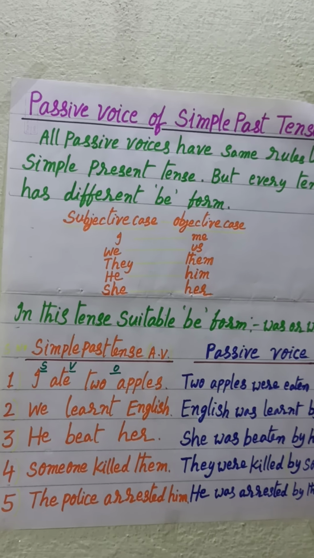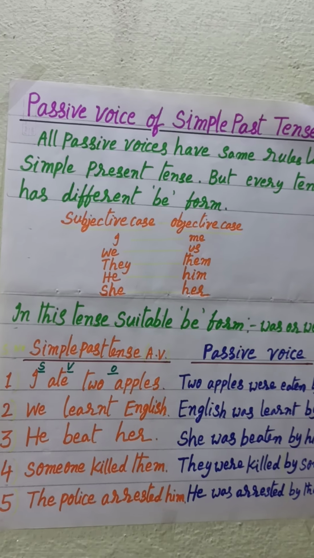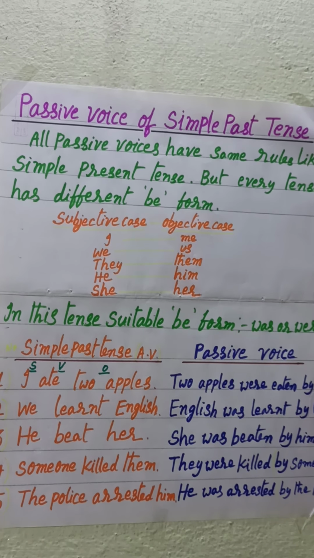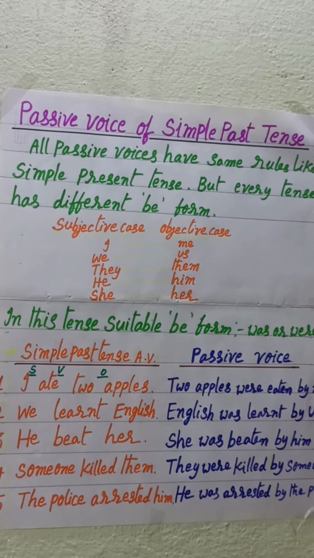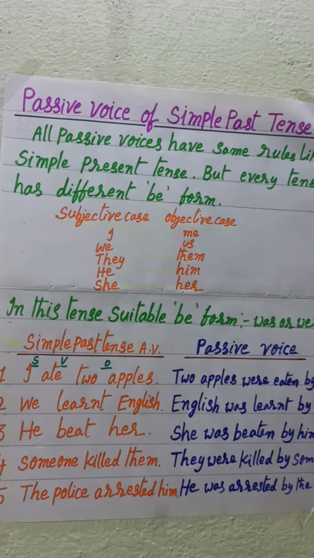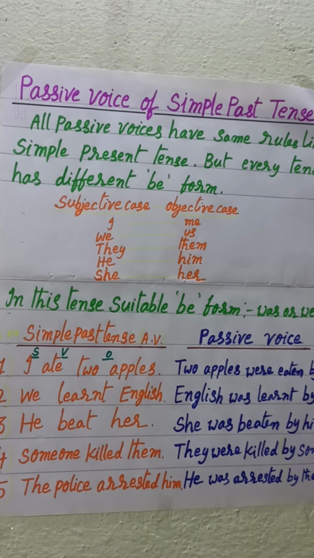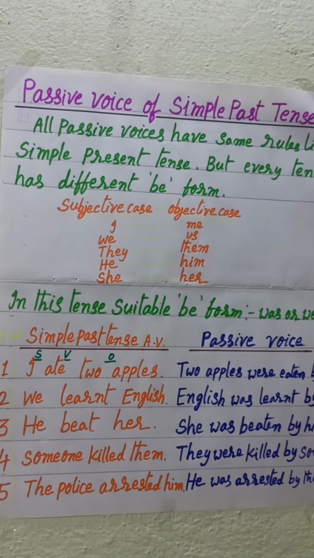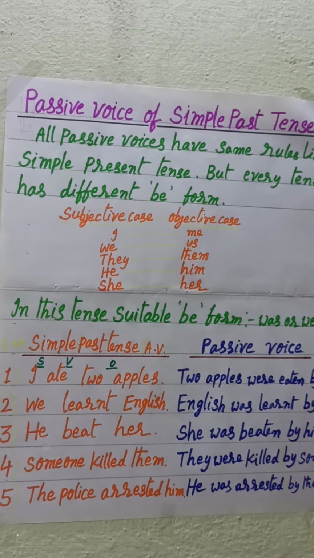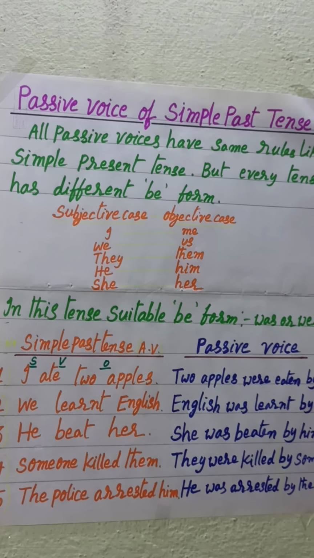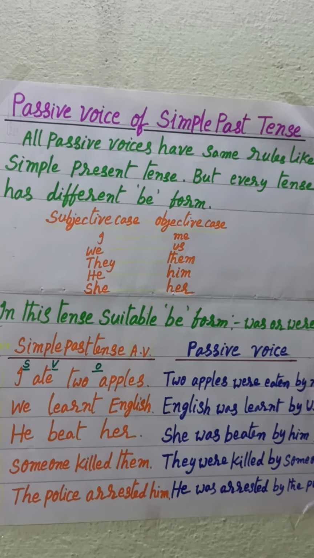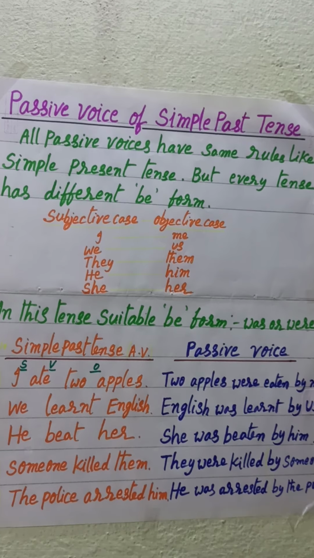Verb ate in the passive voice changes to eaten, that is V3 or past participle. And in this tense, the suitable V form is were, because 2 apples is plural.